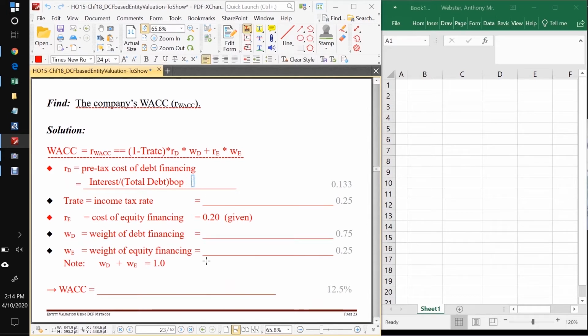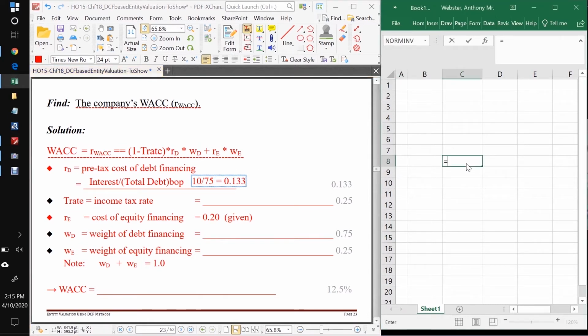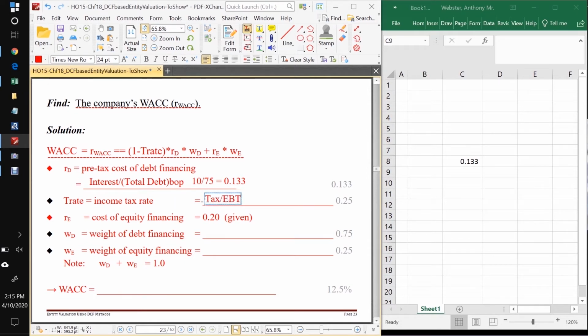We have 10 divided by 75, and that's equal to, I think, 0.133. Let's check that here. Yep, that's 0.133.